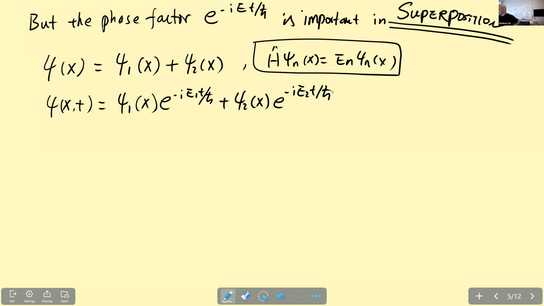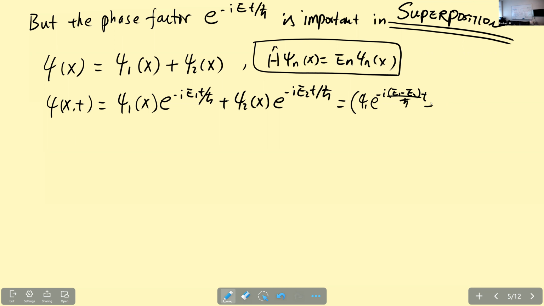Okay, so this one can be written as psi 1 e to minus i E1 t over h bar plus psi 2 e to minus i E2 t over h bar. Sorry, let me rewrite: e to minus i E1 t over h bar times psi 1 plus psi 2 e to minus i (E2 minus E1) over h bar times t.